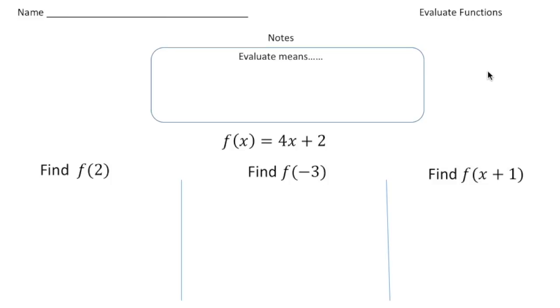So evaluate, what in the world does that mean? Anytime you hear the word evaluate in math, what it means is you substitute a number for a variable and then you simplify.